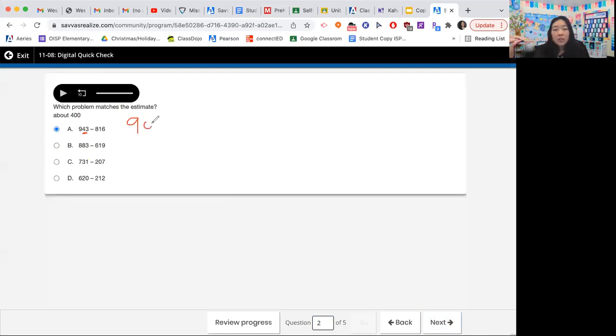So 900 is going to stay 900. 816, the 1 says 4 or less, let it rest. So what is 900 minus 800? 100. So is that going to be our answer? No, because what do we need to find? 400. Let's keep going.